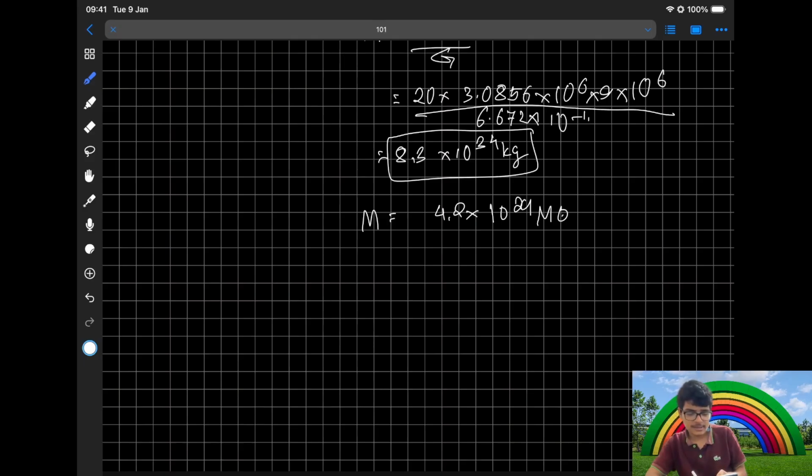In exams like this, it is typically really good to compute it like this, right? 5.3 times 10 to the power something divided by 4.2 times 10 to the power something.